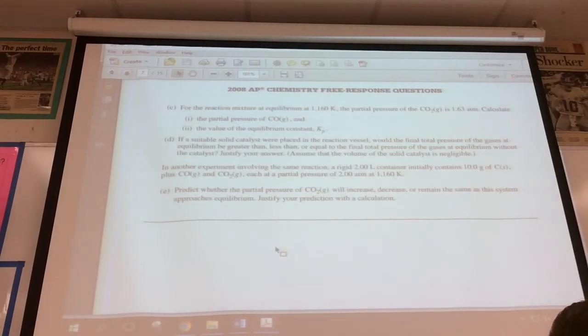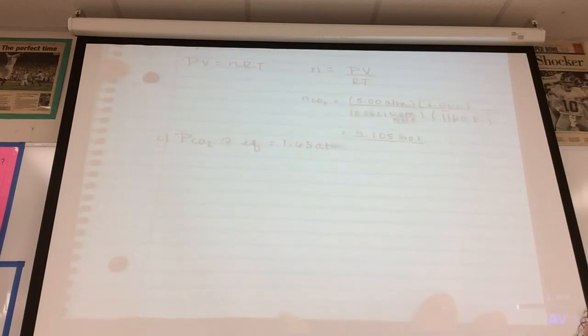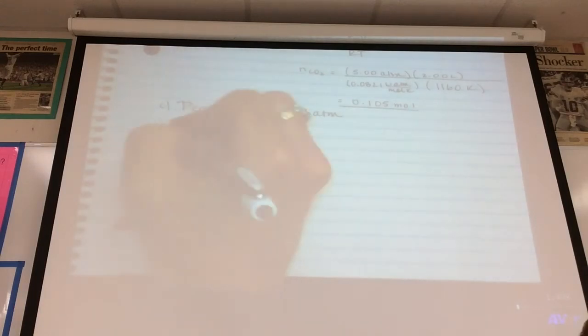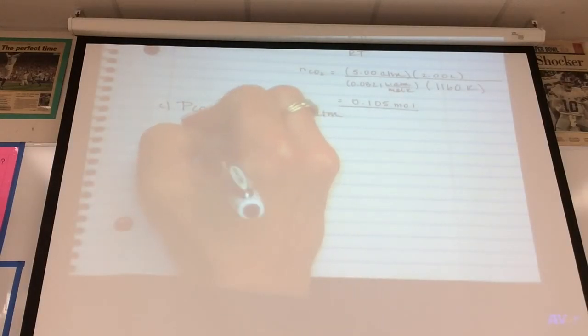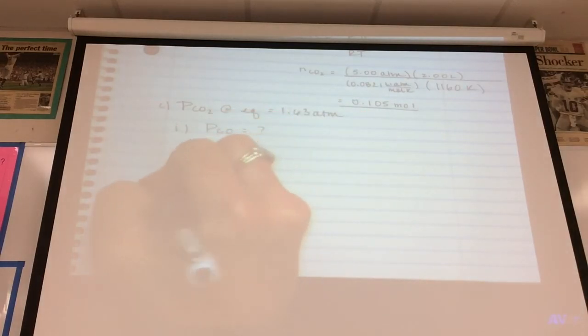I was just writing down that piece. First, they want me to calculate the partial pressure of carbon monoxide, and then they want me to calculate the Kp.